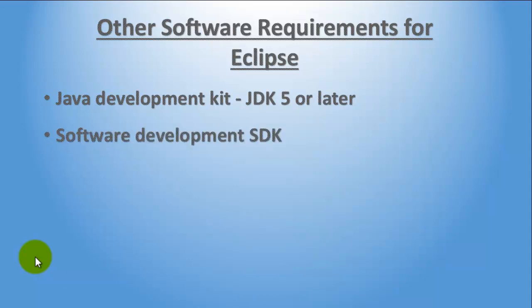The next one is the software development kit. Obviously, you can get the latest version from the Google Developer Console page for the latest SDK. Using this SDK manager, you can install different kinds of APIs.